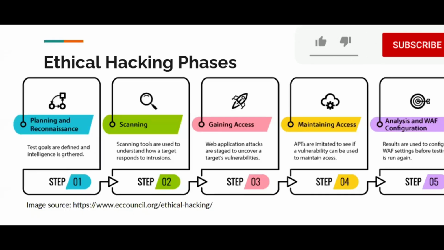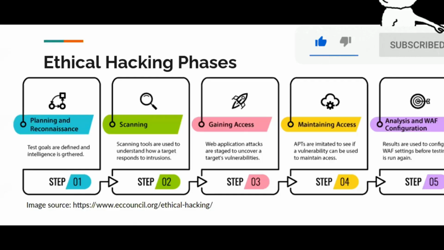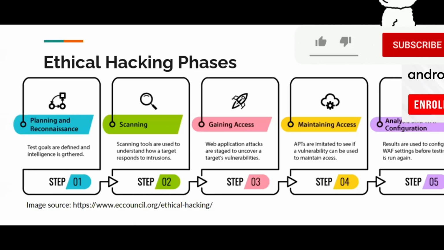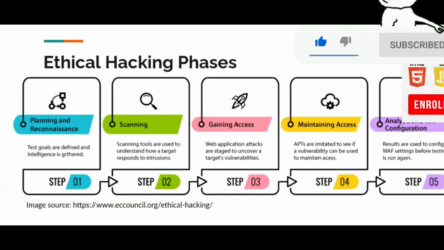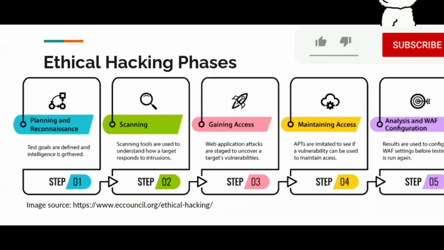And in scanning, you understand how the target is responding to various particular attacks, and you make note of them. Once the planning, recce and scanning is complete, you take step 3 of gaining access into a system by making use of an exploit. Once you gain the access, you put a payload there which will allow you to maintain that access.